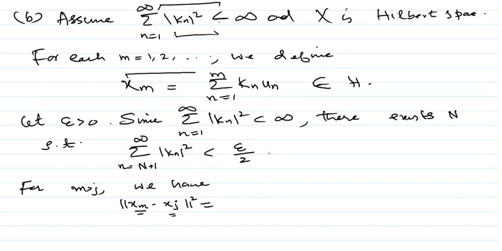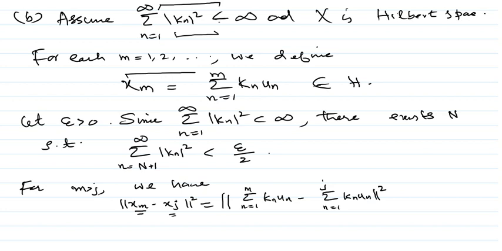So let's write it like this. It's equal to summation n runs from 1 to m, k_n u_n, minus summation n runs from 1 to j, k_n u_n, whole square.